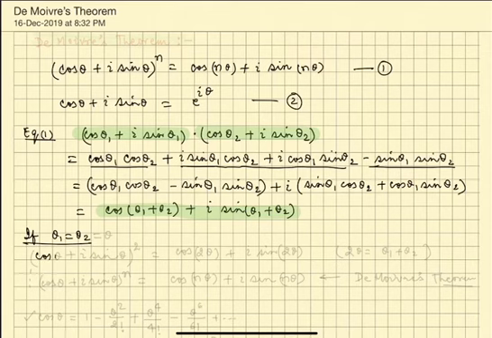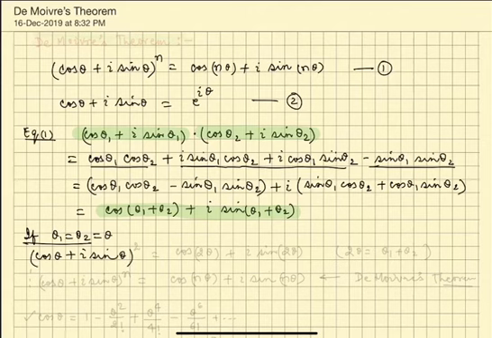It will be like cos theta plus i sin theta, and theta 1 equals theta 2.